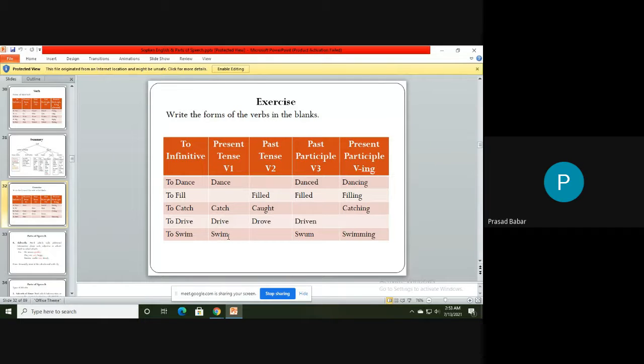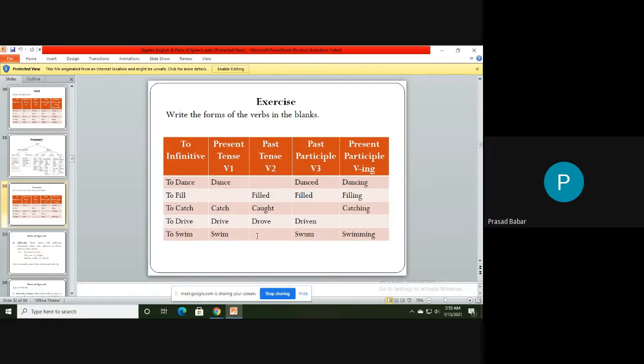Then next comes to swim. Its present will be swim. What will be its past tense? It is an irregular verb, and what will be the past tense of swim? It will be swam.